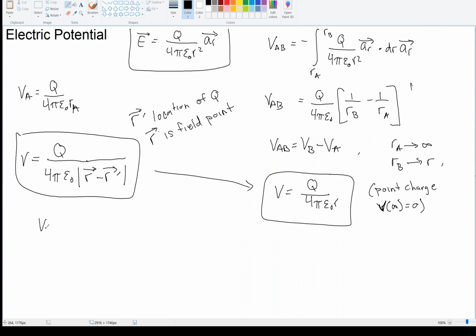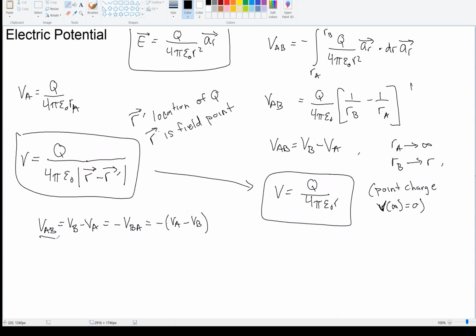Now, since VAB is equal to VA minus VB, no, whoops, excuse me, that should be VB minus VA. VAB is equal to VB minus VA. Notice that's equal to minus VBA, which would be minus VA minus VB, right?